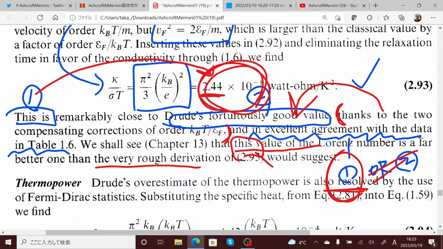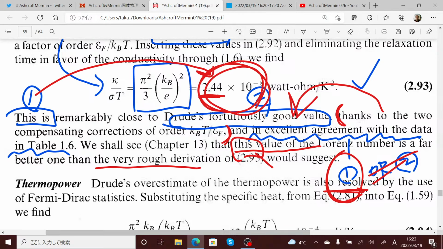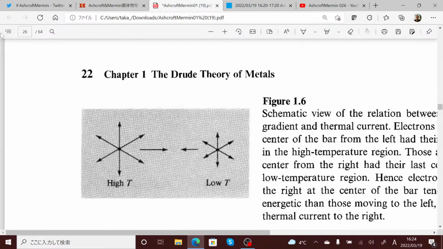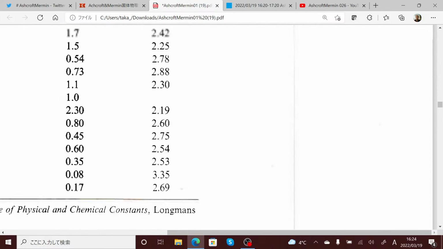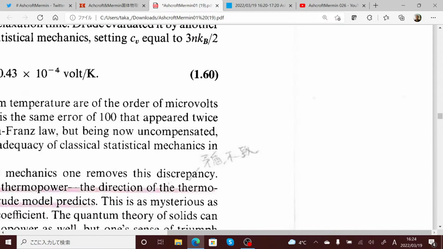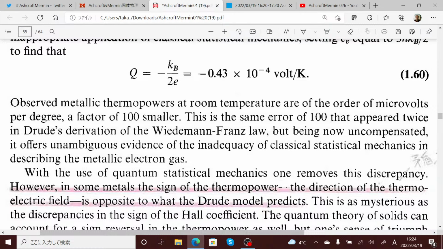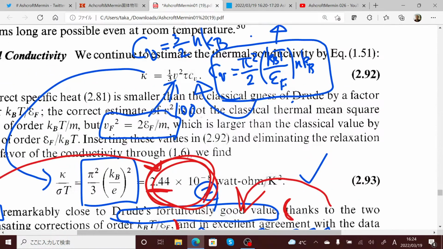Let's see, what was 1.60? Let's go to page 26. Okay, he got minus k_B divided by 2e.